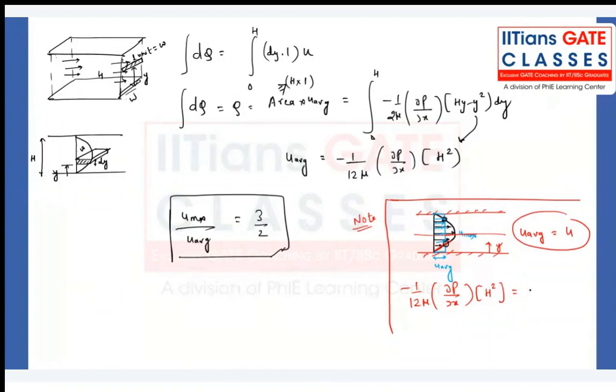So minus 1 upon 2 mu dou p by dou x into (Hy minus y square) equals that. This will cancel out, this will also cancel out, so we get 1 upon 6 H square. Now when you solve this equation, you will get two values of y.